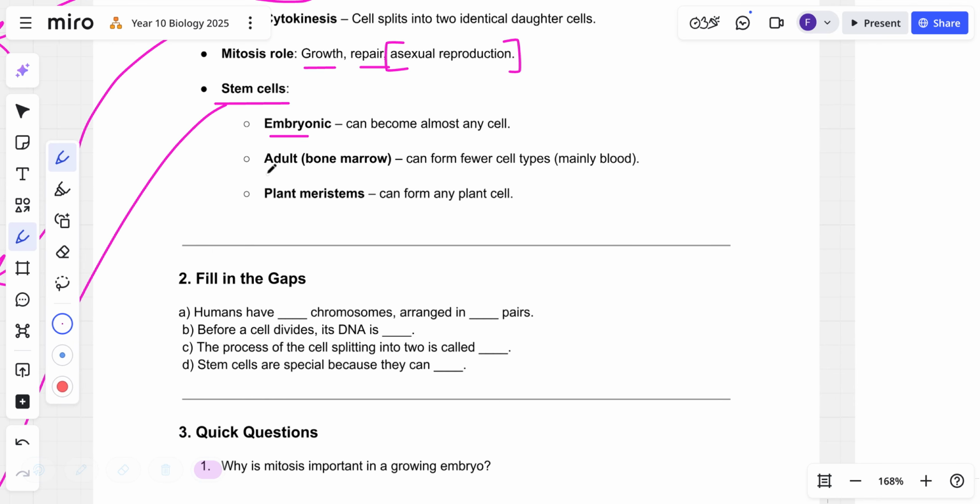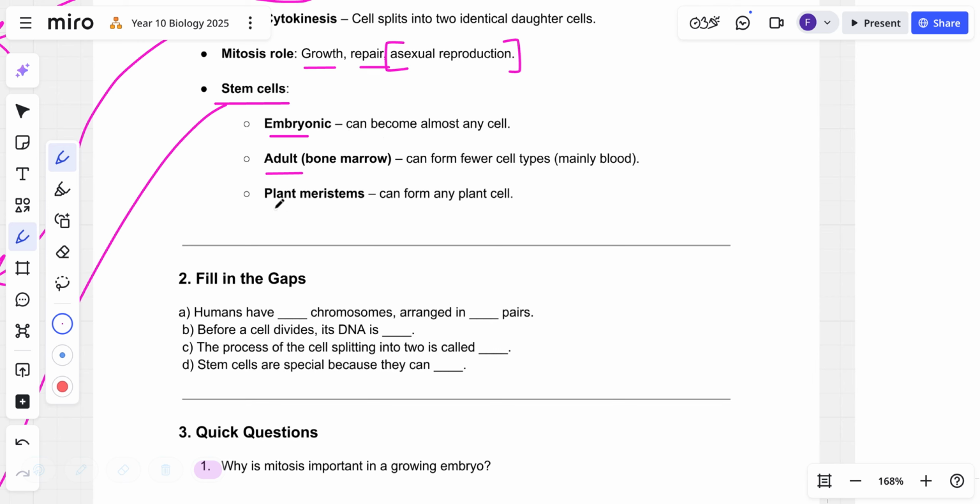You also have adult stem cells. Bone marrow, for example. Your white blood cells are made in your bone marrow. And if there's something wrong with it, like leukemia, you can kill all your bone marrow cells and put somebody else's in.